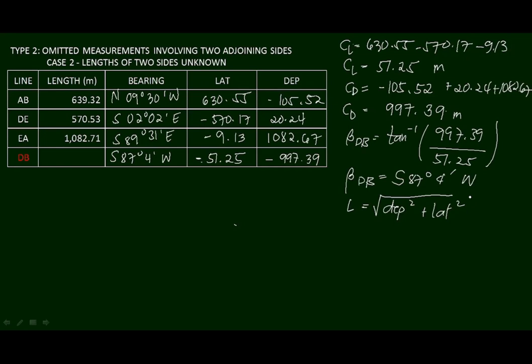So the length of line DB is equal to 998.71 meters. Yan ngayon yung length and bearing ng aking closing line.